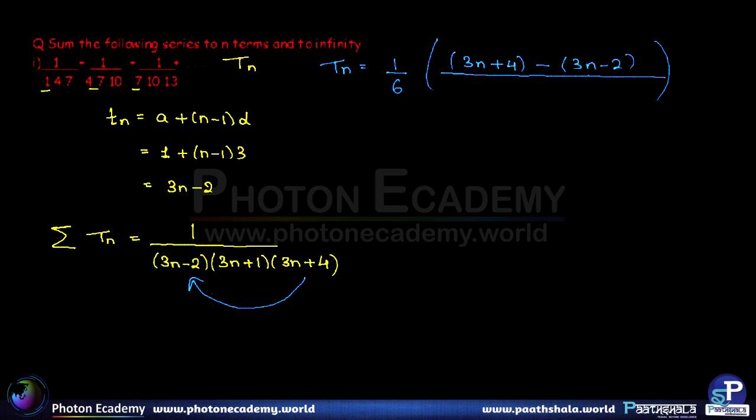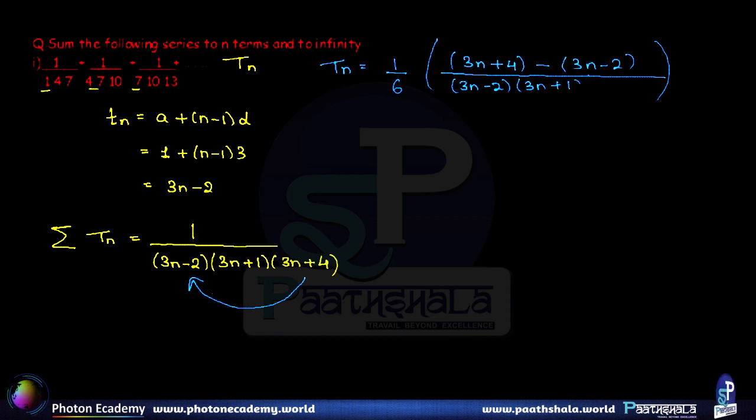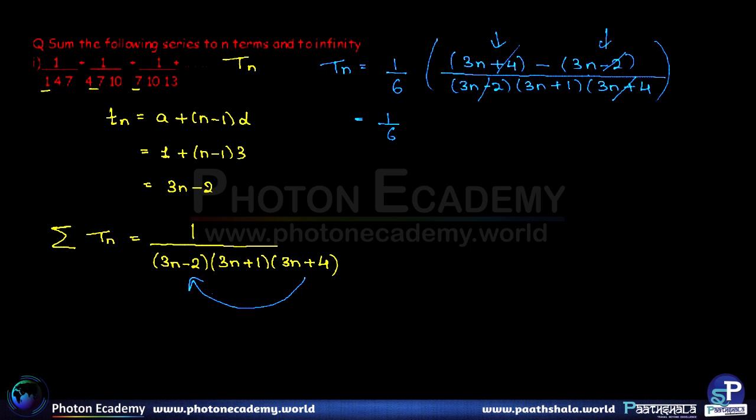So okay, and in the denominator we have 3n minus 2, 3n plus 1, 3n plus 4. Okay. So now for this term, this and this will cancel out, and for this term, this and this will cancel out.